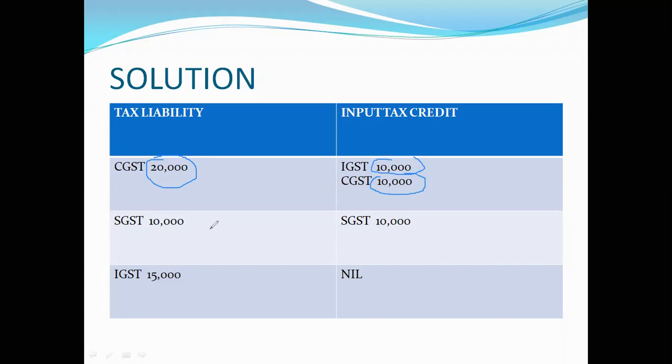Then for payment of state tax 10,000, we can use the ITC of state tax, 10,000 and 10,000. And what is the balance left? 15,000 you need to pay additionally, 15,000 as integrated goods and service tax. Now how do you get it? Yes, I'll show you.